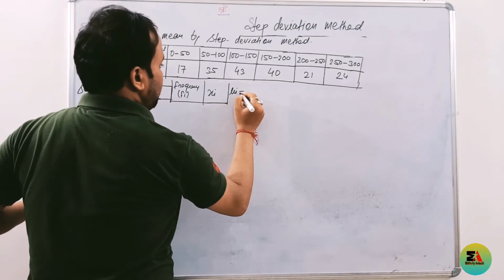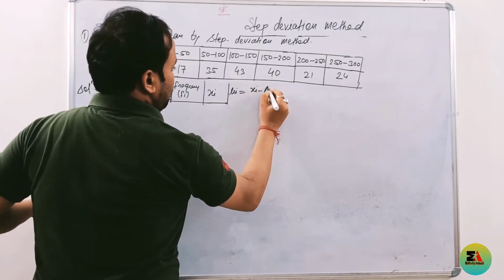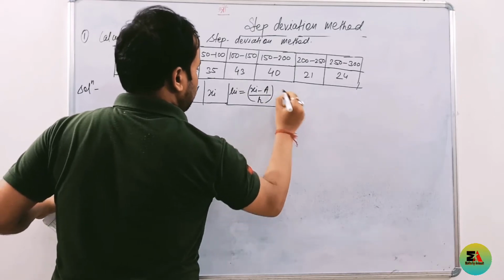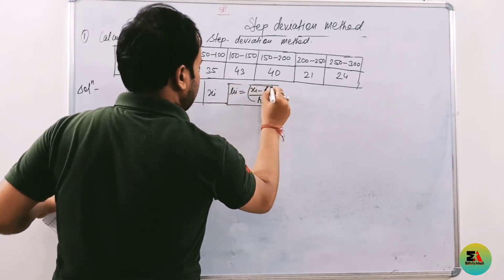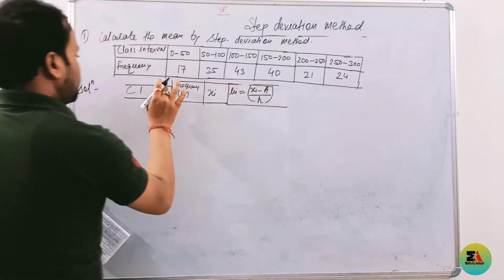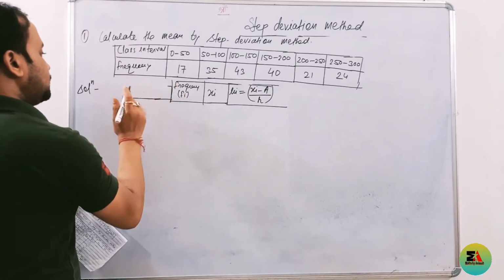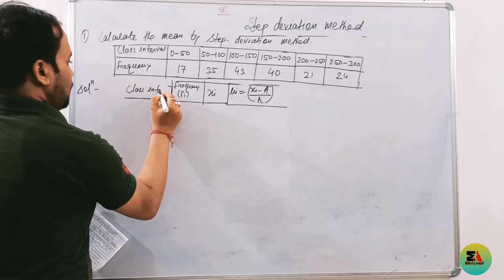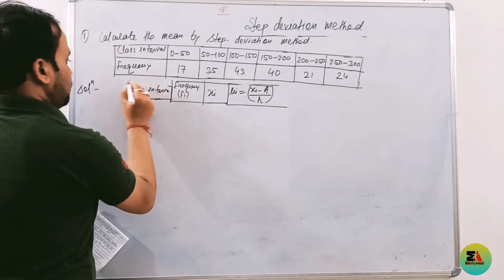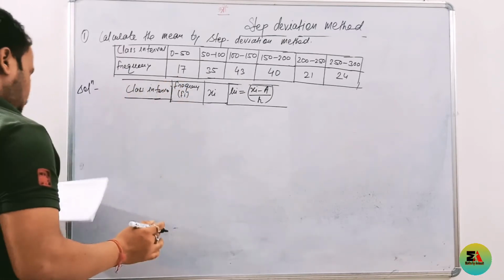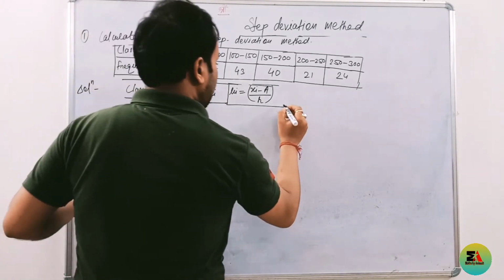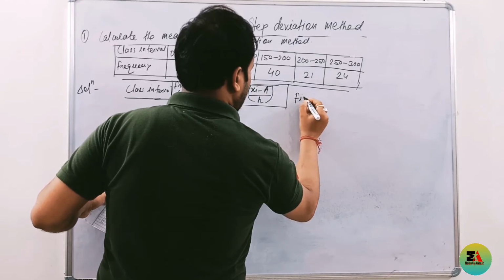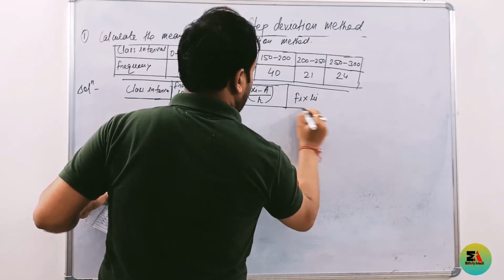Next one is ui. ui, you know, is xi minus a by h. And our last column is fi into ui.